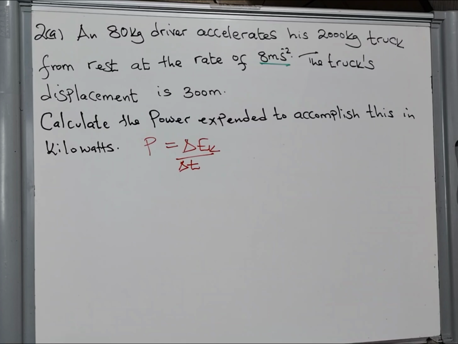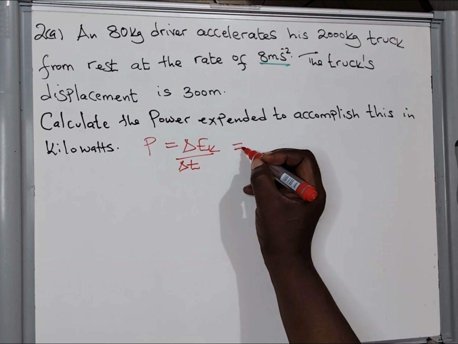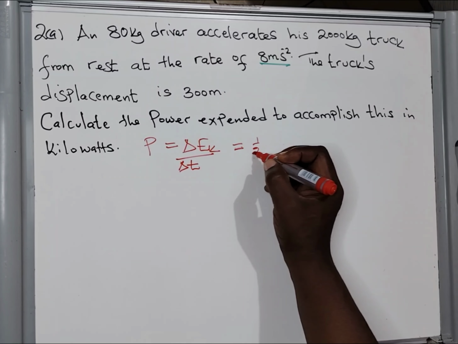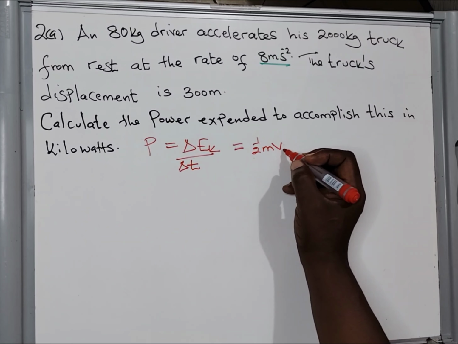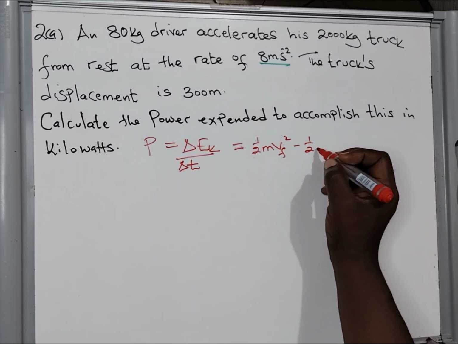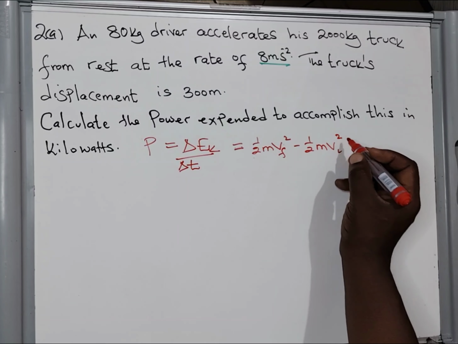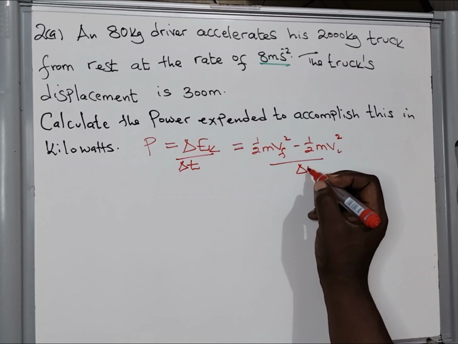If that is what we are going to use, then we can expand it. When you expand this one, what are you going to have? I have mvf squared minus mvi squared, this one over time.